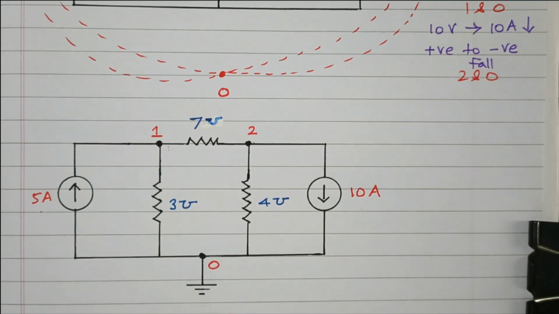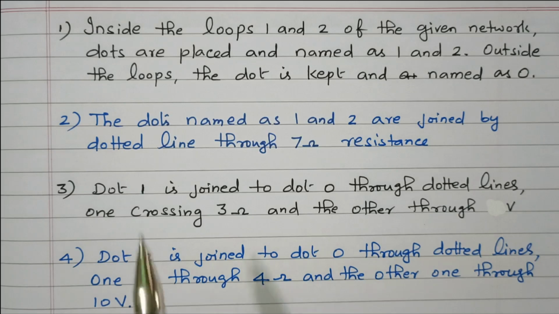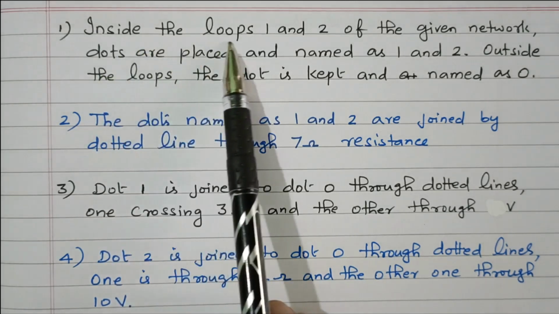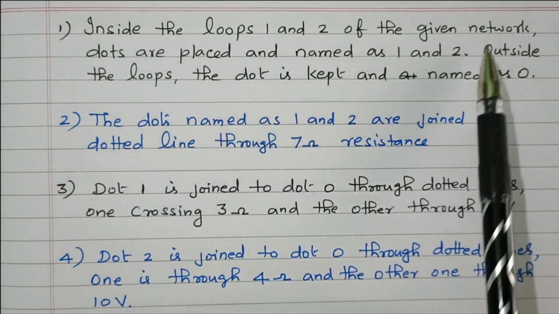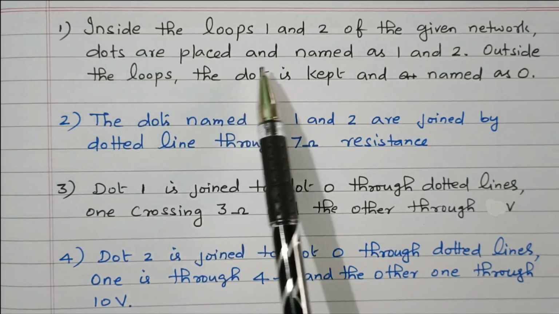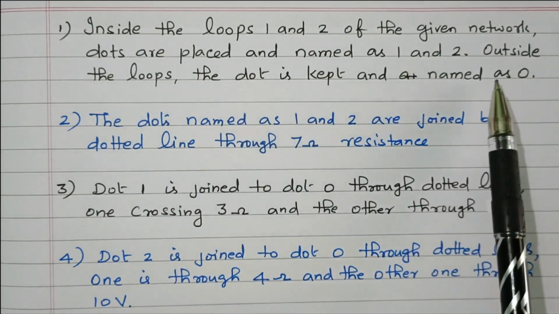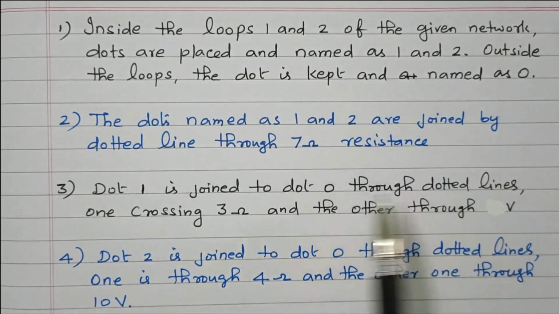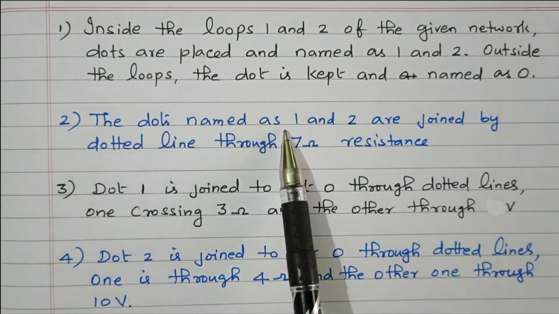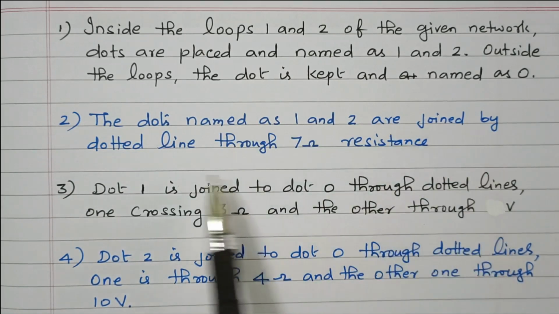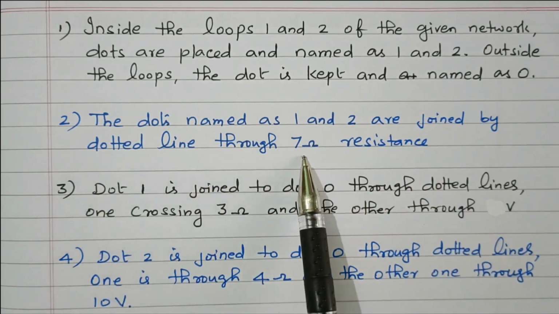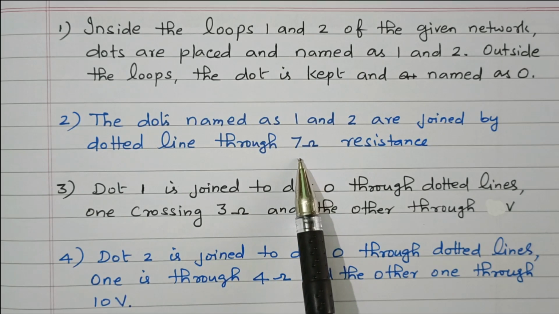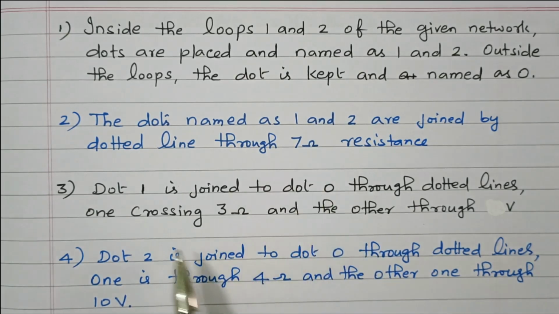Now we'll see the description. The description is available, with the sentences of what we did. So the description is: inside the loops of the given network, dots are placed and named 1 and 2. Outside the loop, a dot is kept and named 0. The dots named 1 and 2 are joined by a dotted line through the 7 ohm resistor, so it will be converted into 7 mho conductance.